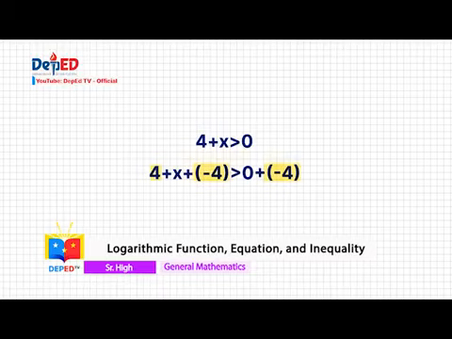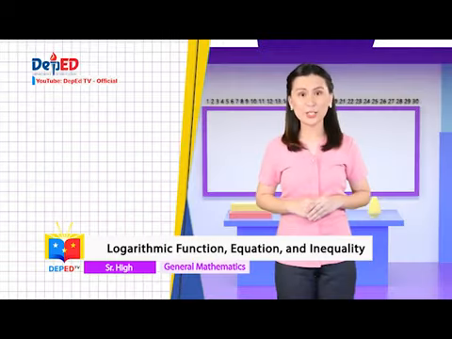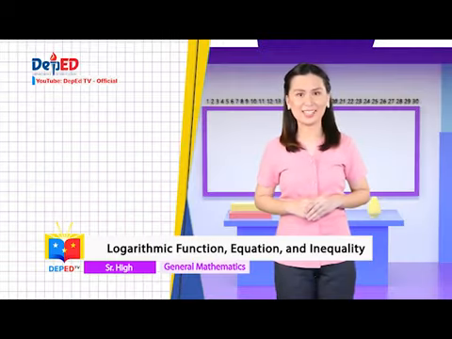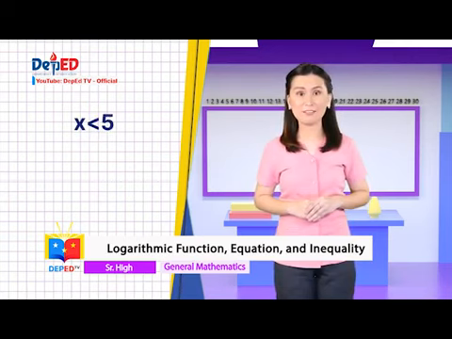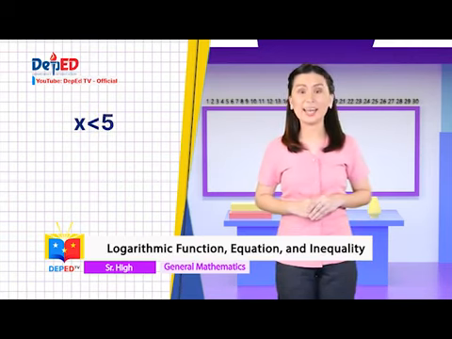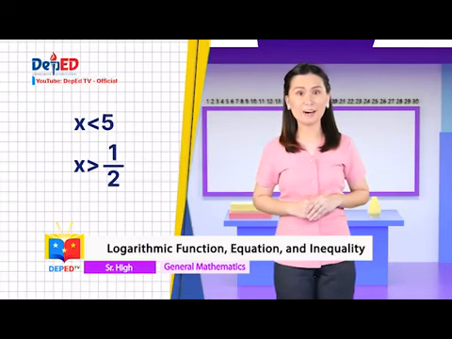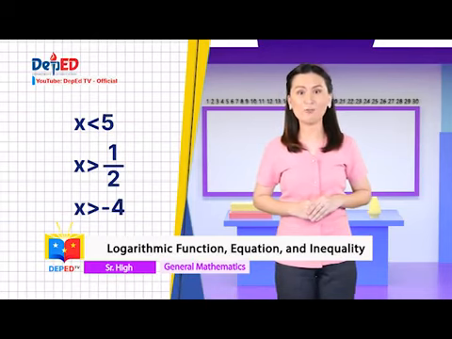Combining like terms, we will have x is greater than negative 4. Now we consider the following conditions. X is less than 5 based from the solved logarithmic inequality, and x is greater than 1/2, and x is greater than negative 4 based from the restrictions for the logarithms.